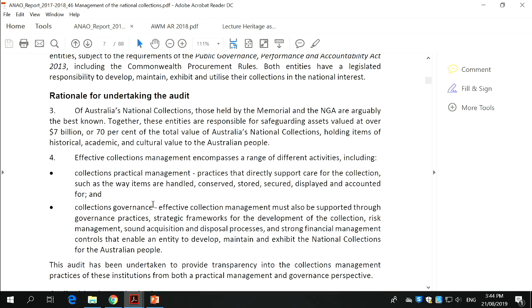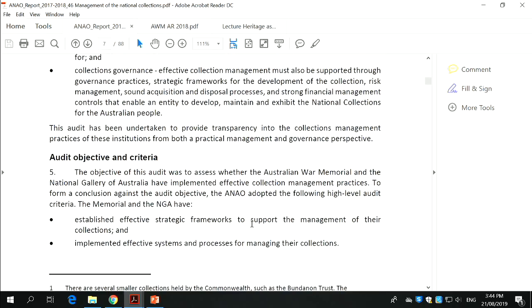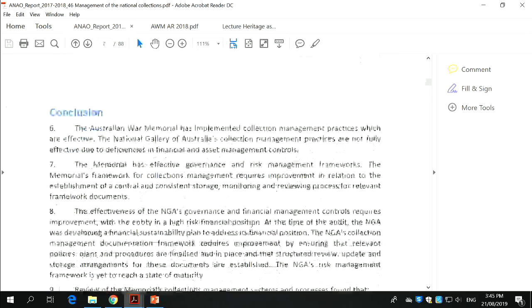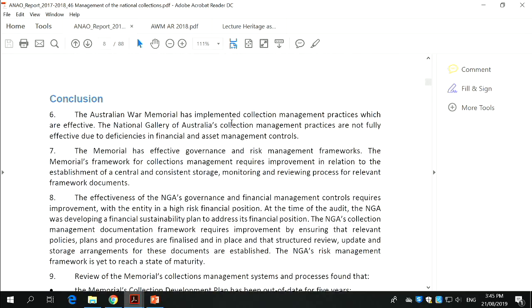And also on the governance side, such as the framework for development of the collections, asset risk management, acquisition and disposal processes, financial management controls or any other internal control. So these are all important areas. What they found is that the Australian War Memorial has implemented some effective collection management practices.